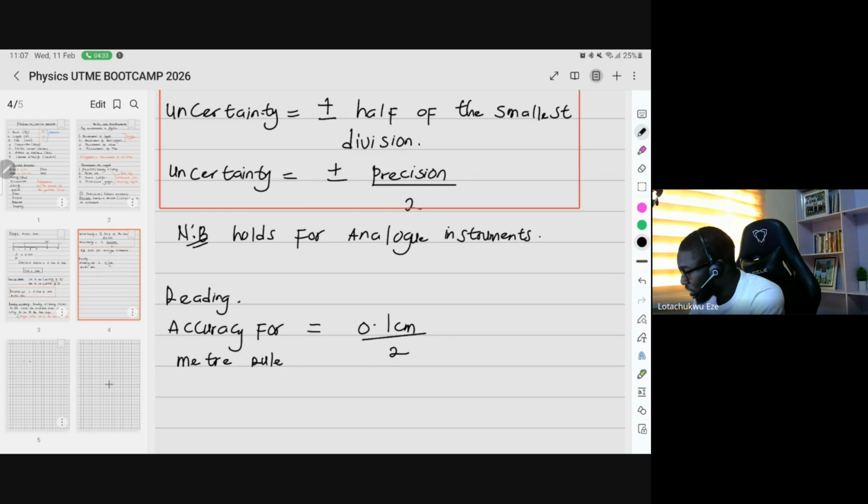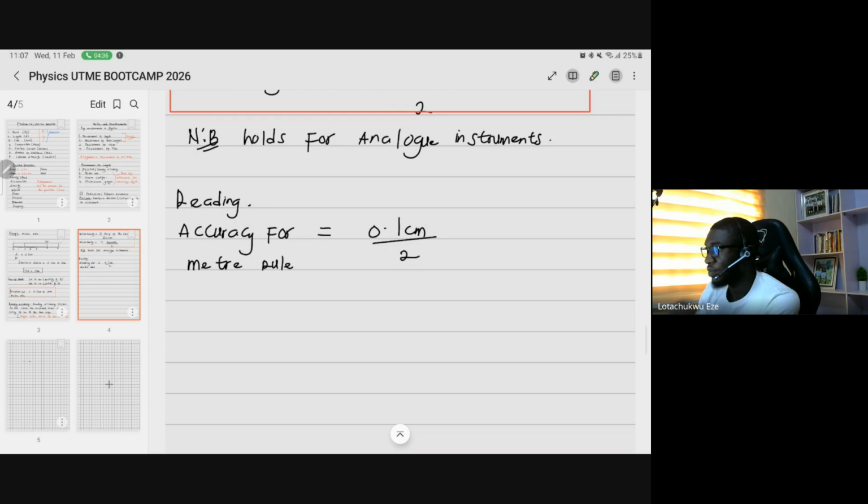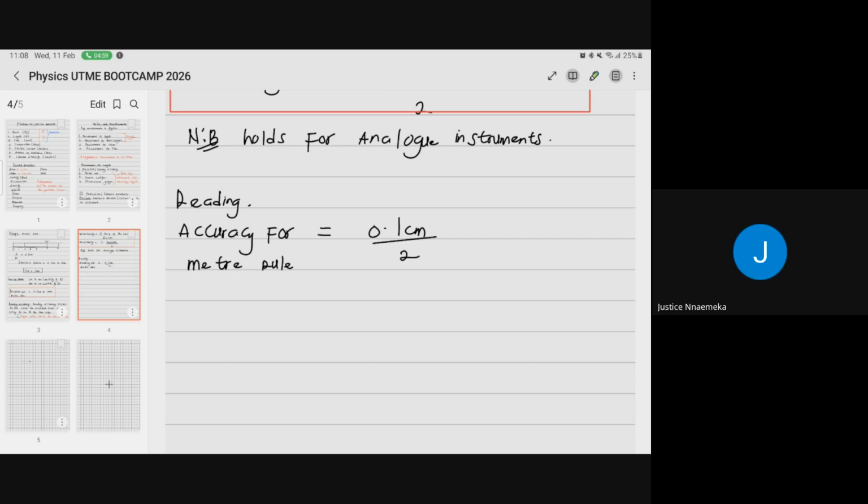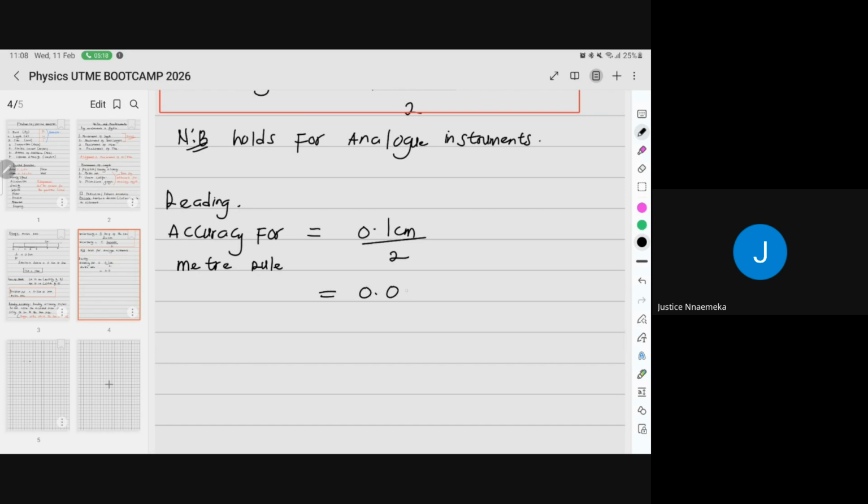So science students, 0.1 divided by 2 will give us what? Is it 0.005? No, 0.05, sir.